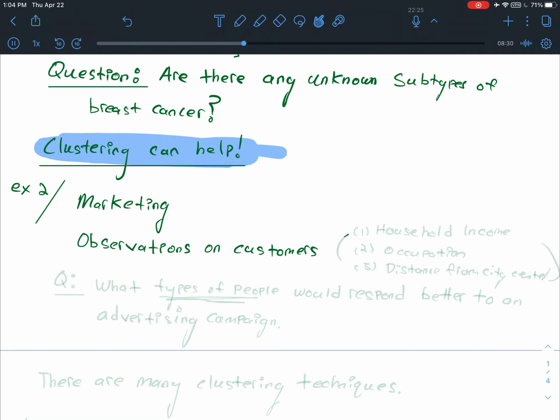Some of this information could be like household income. Another one here could be occupation.